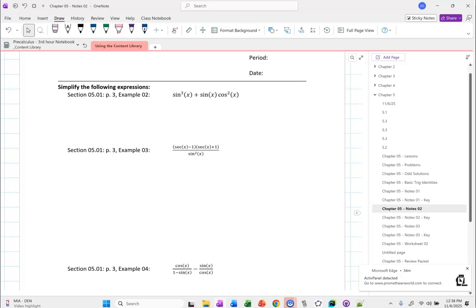So if I look at this first expression, we have sine cubed x plus sine x times cosine squared x. The first thing I'm going to notice, or that I typically look for, is there an algebra thing that I can do?